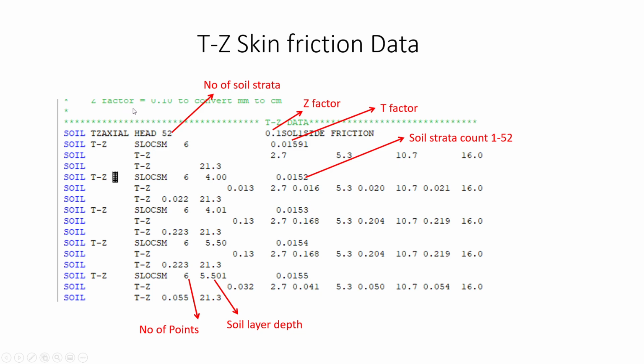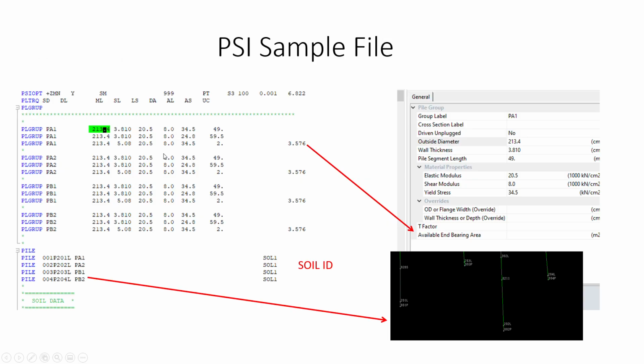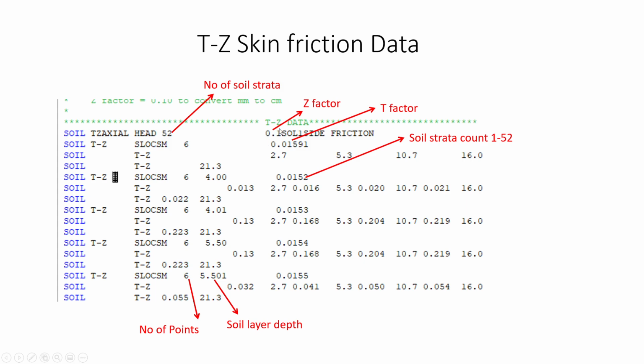If you see here, TZ factor convert, so only centimeter. We cannot multiply or divide each and every number by this factor and then enter. What we will do is enter as it is and then apply the factor at the top. Here, factor at the top, that is the Z factor, and T factor also the same.